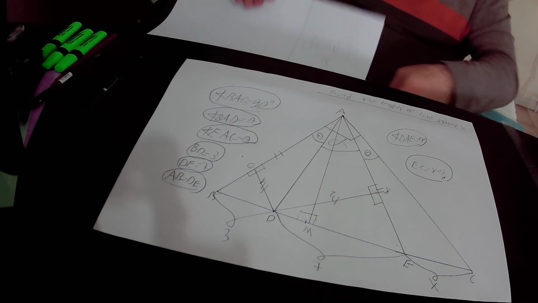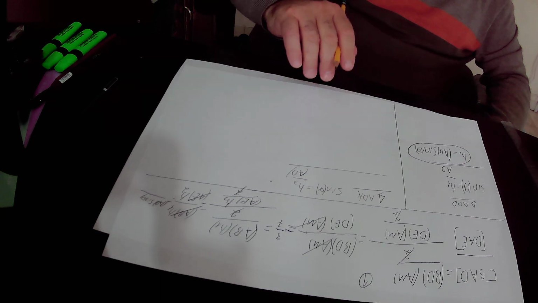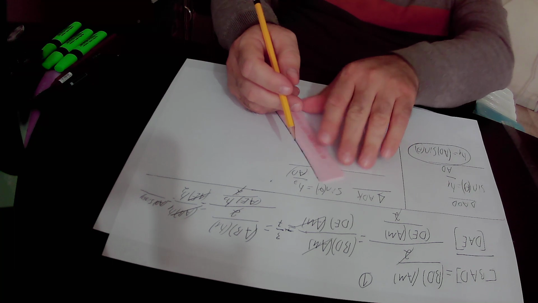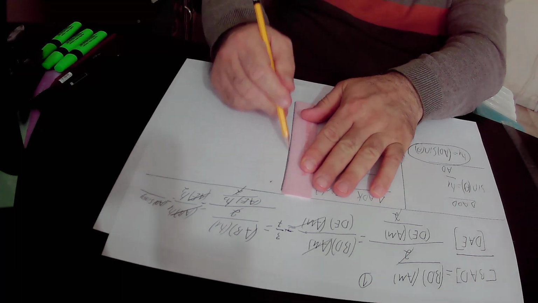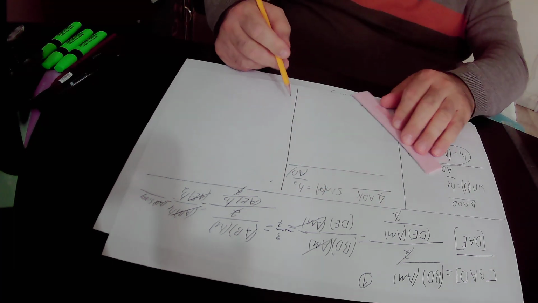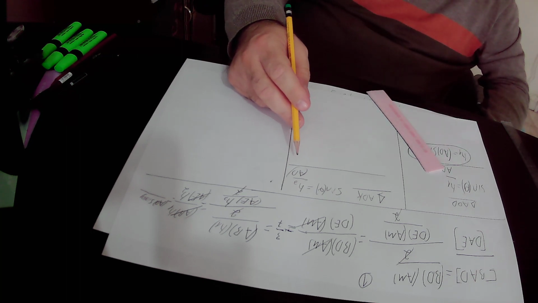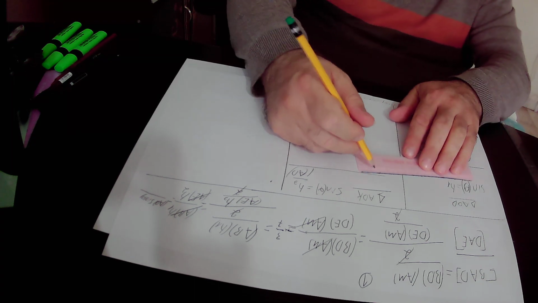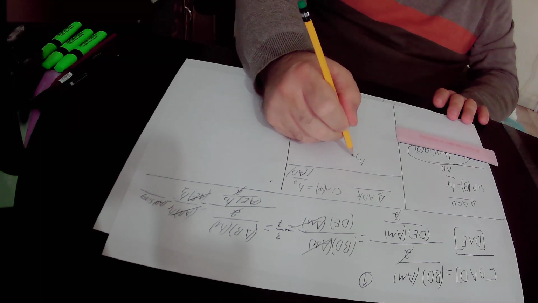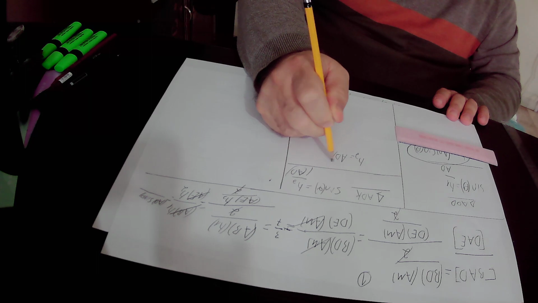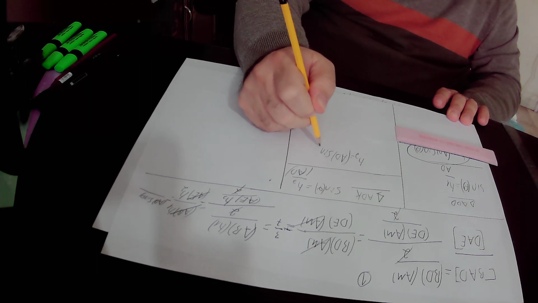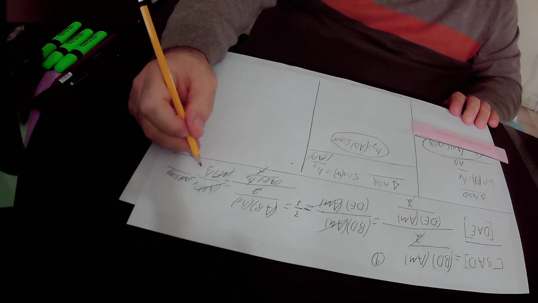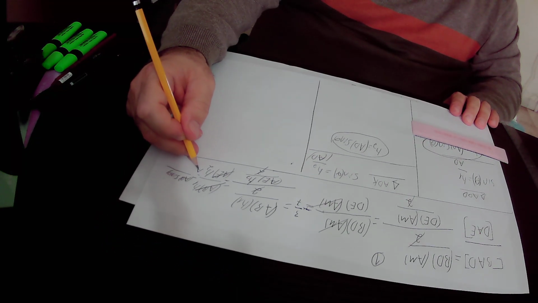I'll repeat again. In the right triangle ADK, sine alpha equals H2 over AD. So we multiply this equation by AD, and we get that H2 is equal to AD times sine alpha. Now we will substitute H2 by AD sine alpha.